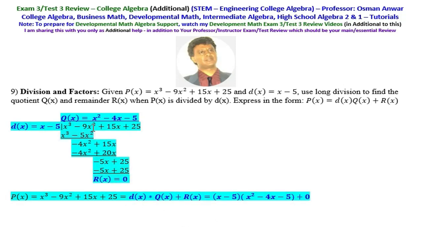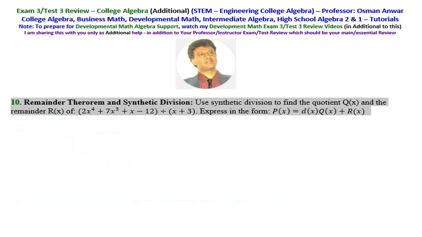Q of x is x squared minus 4x minus 5. And r of x is 0. So when you multiply x minus 5 times x squared minus 4x minus 5 and add 0, you will end up with x cubed minus 9x squared plus 15x plus 25.